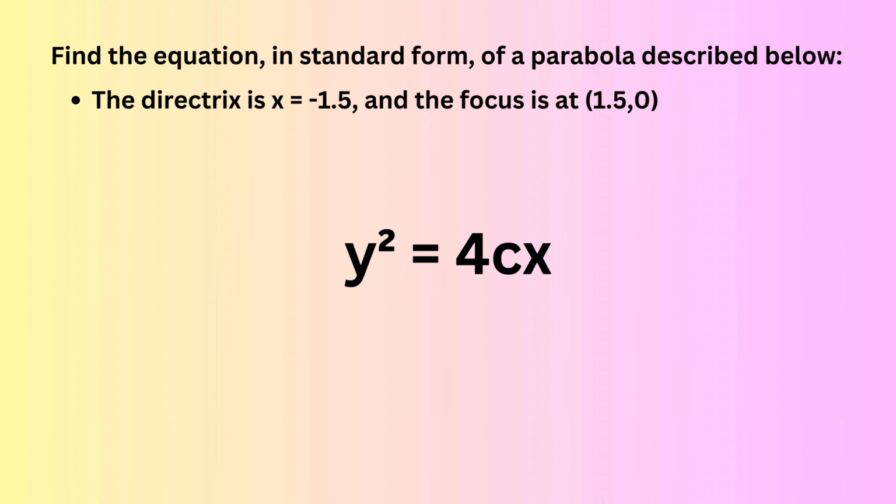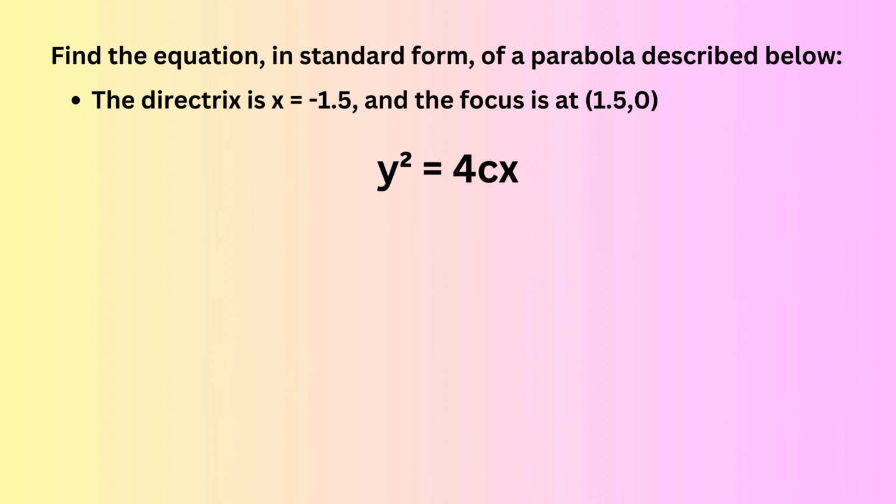To find the value of c, we can get the horizontal distance from focus to directrix. So from 1.5 to -1.5, that is 3 units. Divide it by 2, to get c, that would be 1.5 units. Therefore, the vertex is 1.5 units to the left of the focus, or at the origin.